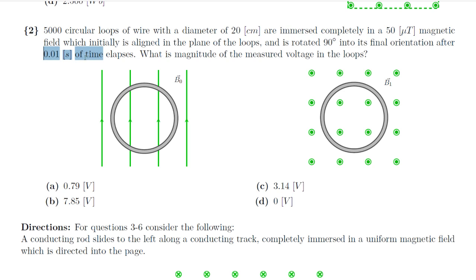We have a given time that elapses. We want to find the magnitude of the measured voltage in the loops. For this, you should recognize that because there is a change in the magnetic flux, you want to use Faraday's law to calculate the induced EMF or the voltage.